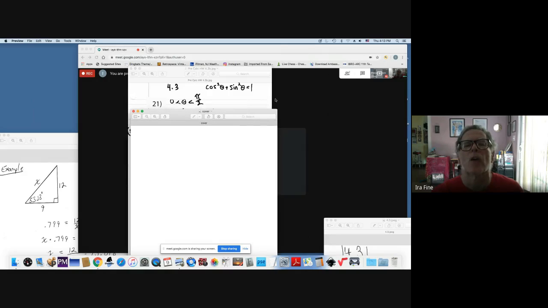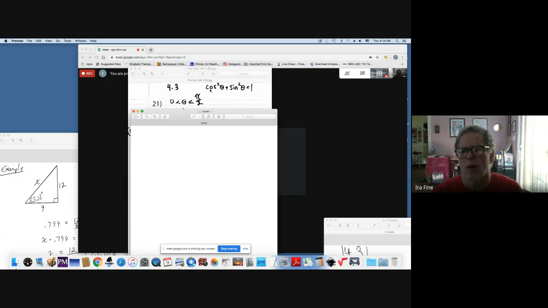So right away, don't forget that in the unit circle, we already established, because you could always make that right triangle, that x squared plus y squared equals the hypotenuse, 1 squared.